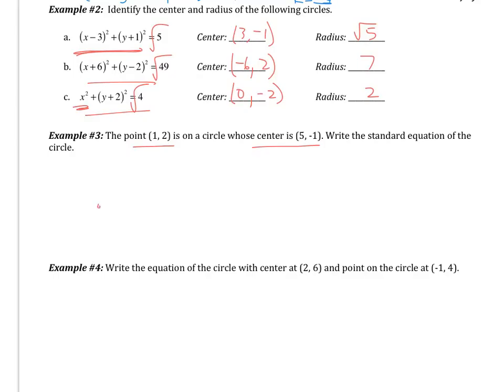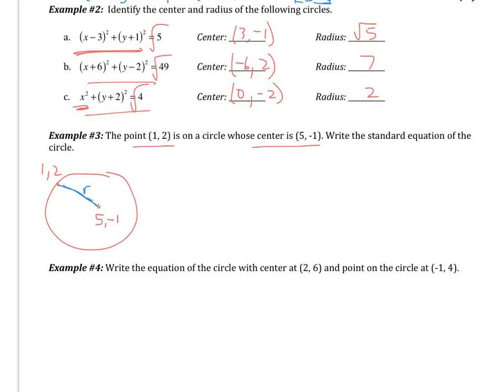So if I were to just make like a little sketch of this, it would look like this with (5, -1) at the center, and then (1, 2) on the circle. So what we don't know is this length here, which is our r value. So we can use the distance formula to solve for r. That's one way to do it, but that means you need to remember the distance formula.